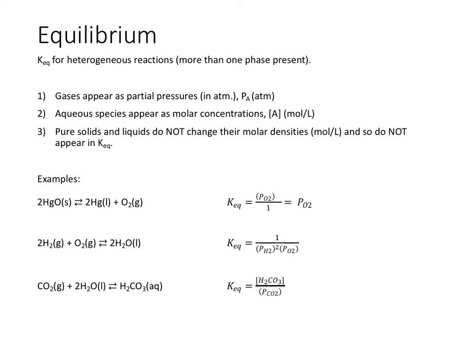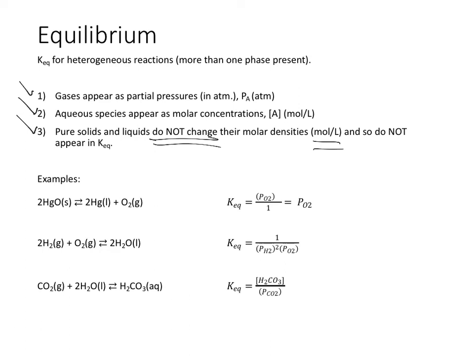The rules are simple. Number one, my gases are going to appear as partial pressures. My aqueous species are going to appear as molar concentrations, just like we've seen before. The big change here is when we have a pure solid or a pure liquid, they do not change their molar densities. The moles per liter for liquid water is the same.